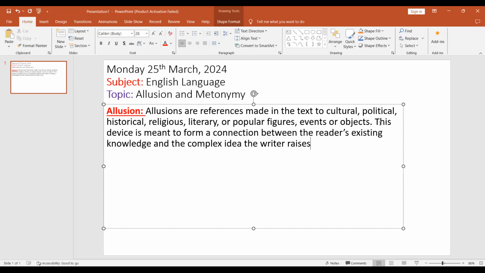So this right here is telling us the purpose of allusions. The purpose of allusion is to form a connection, right?